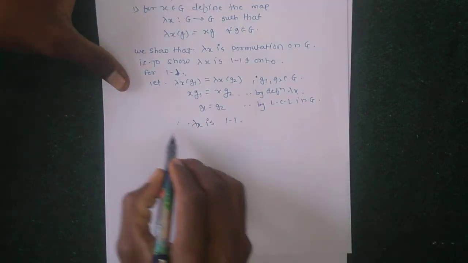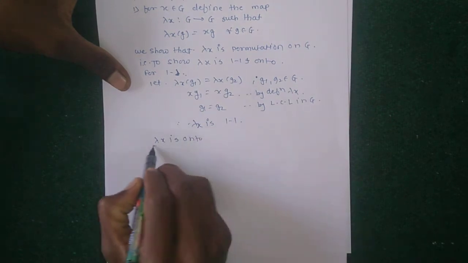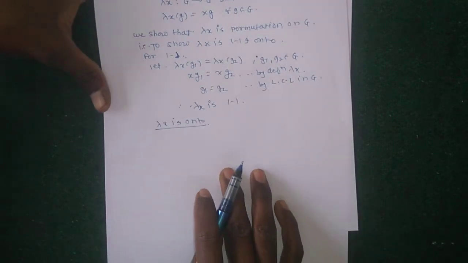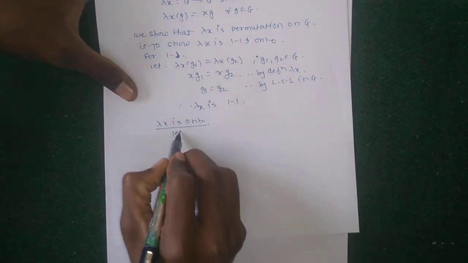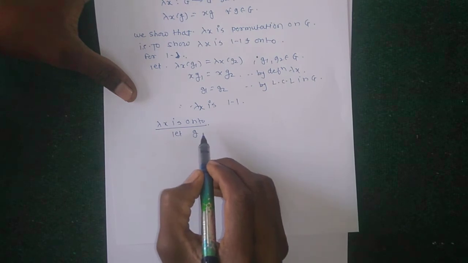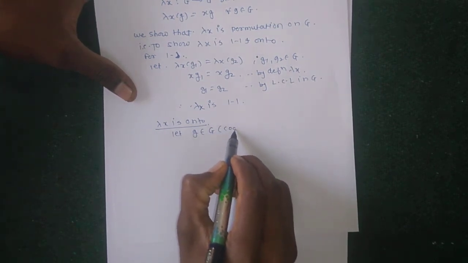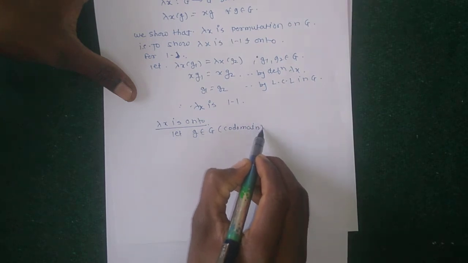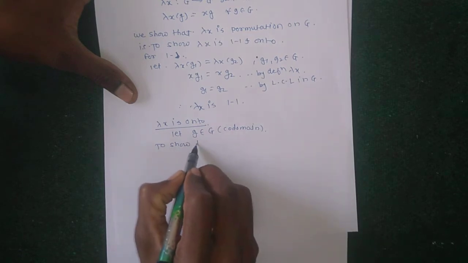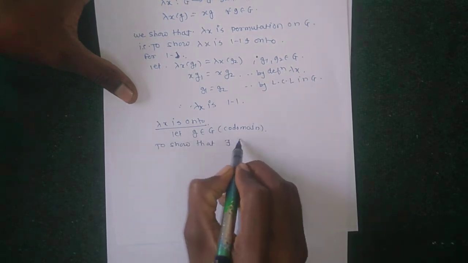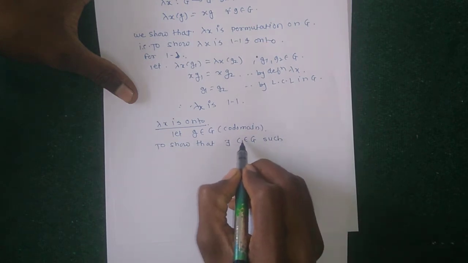Okay, now lambda_x is onto. To show lambda_x is onto, what is the definition of onto? Let us choose any one element from the codomain G. Let g belong to the codomain; we show that there exists c belonging to G, an element in the domain G, such that lambda_x(c) = g.